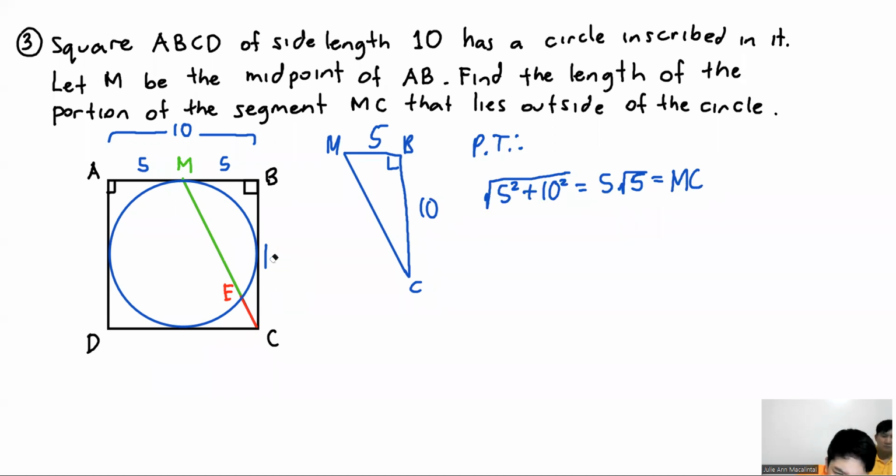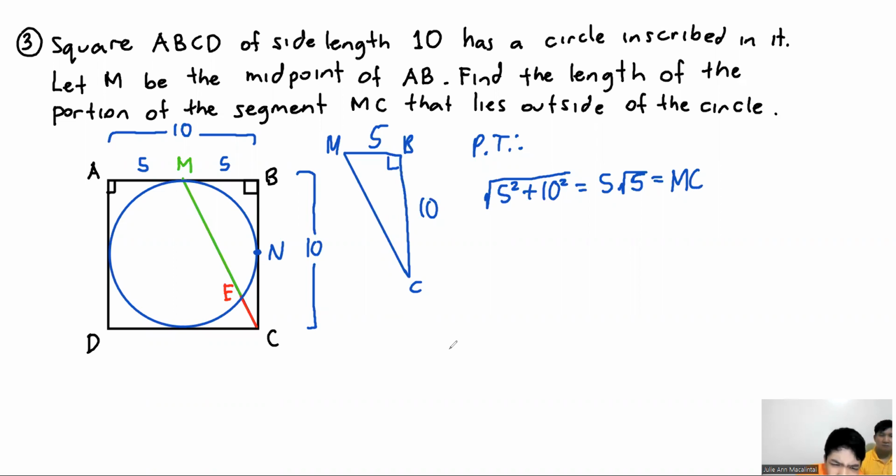So if MC is equal to 5 square root of 5, let's call this point N. This is 10, this is 10. Let N be the midpoint of BC.